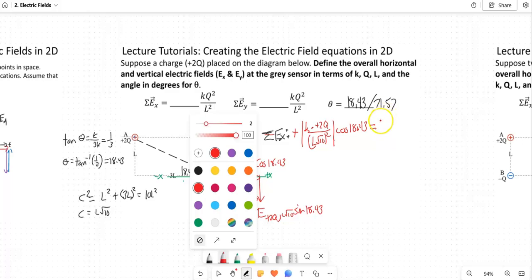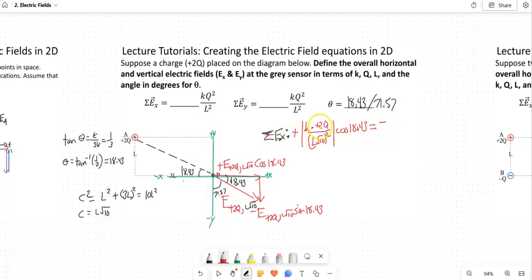It's going to be, so the positive comes first, and this is going to be 2 over square root of 10 squared, which is going to be 2/10, which is going to be 1/5 KQ over L squared cosine of 18.43.